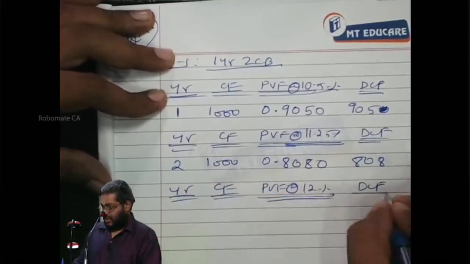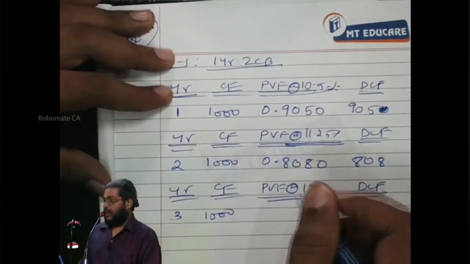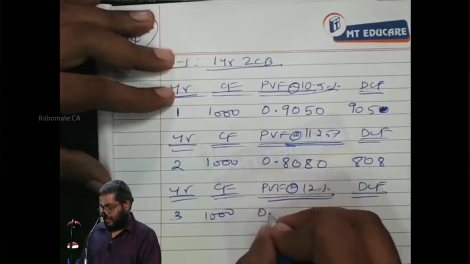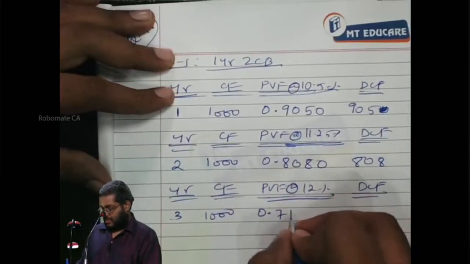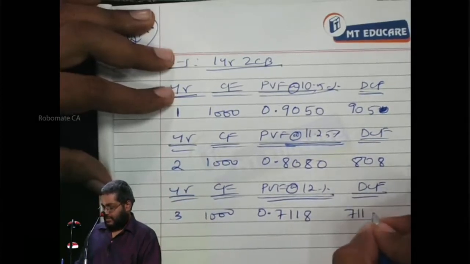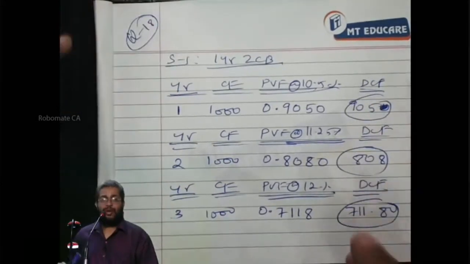Tell me, a 3 year zero coupon bond matures at how much rupees? 1000. 1 divided by 1.12 is equal to 3 times. What's the number? 0.7118. 711.80 is the price at which the 3 year zero coupon bond is trading.